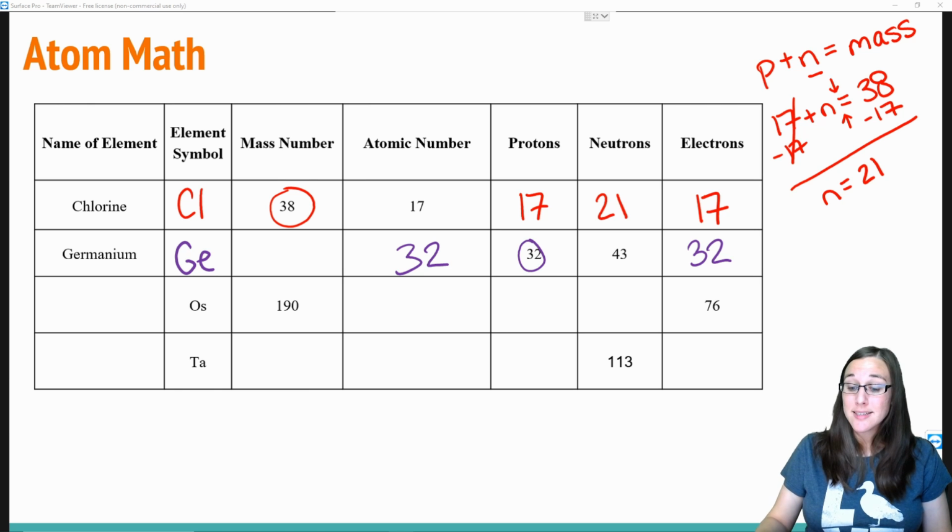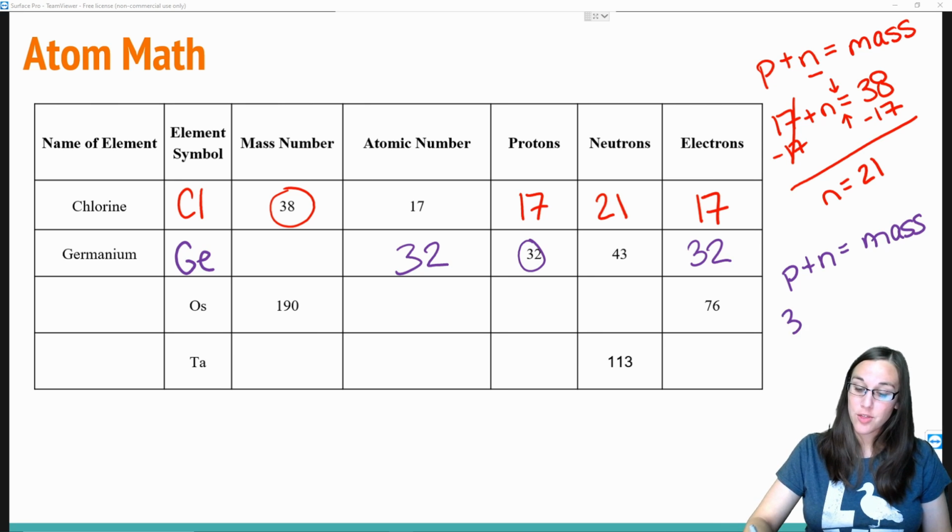Again, the mass is due to protons and neutrons together, so P plus N equals mass. In this case, my protons are 32 and my neutrons are 43. So if we add those two together, we should have our mass value. That should give us 75.